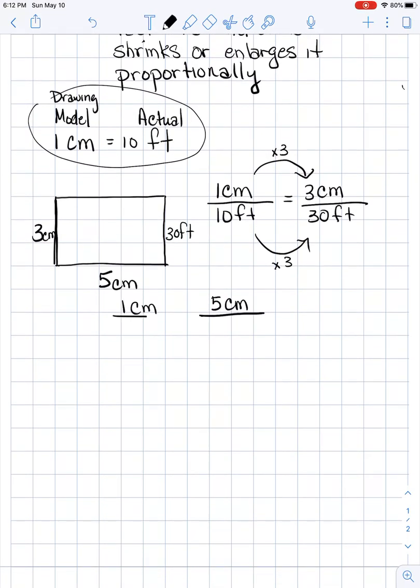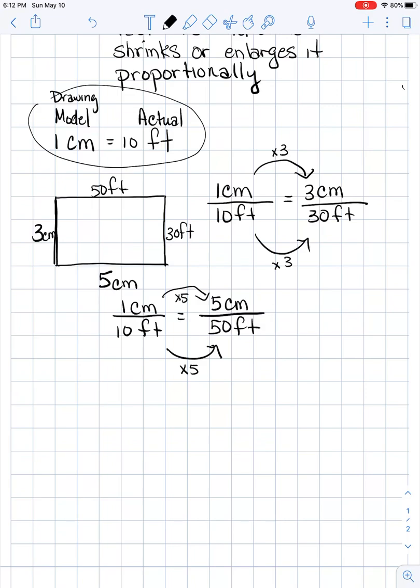We always have to go back to the original ratio. 1 centimeter is 10 feet, so 5 centimeters would be 50 feet. And so in real life, we know that this building would be 50 feet by 30 feet.